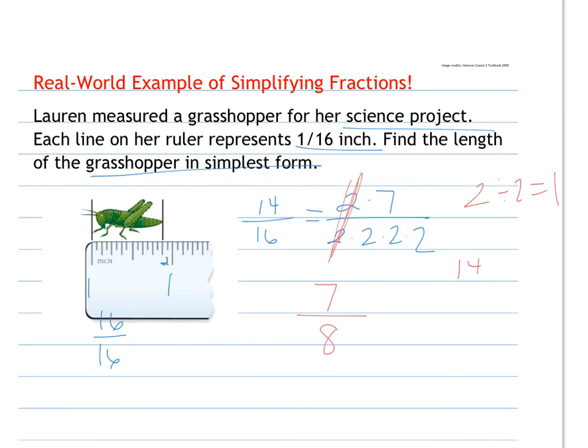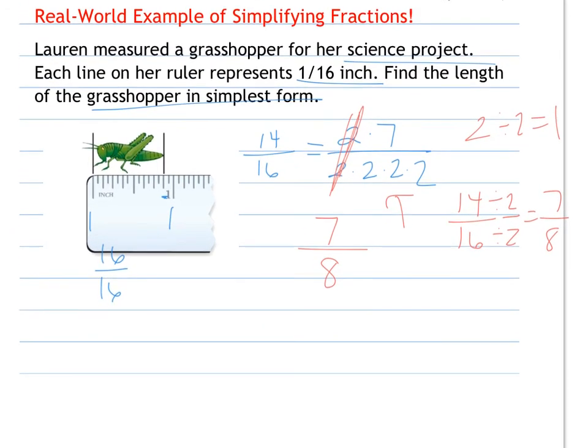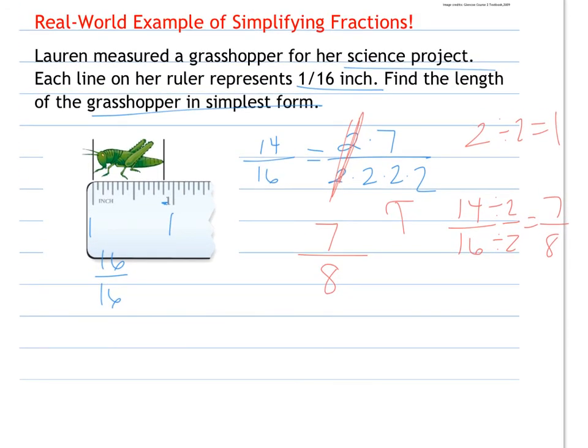Really, it was like we just did dividing both of these by 2, and we still got the same thing. So just kind of showing that out with our product of primes here. So the grasshopper at 14/16 of an inch is the same as 7/8 of an inch in simplest form.